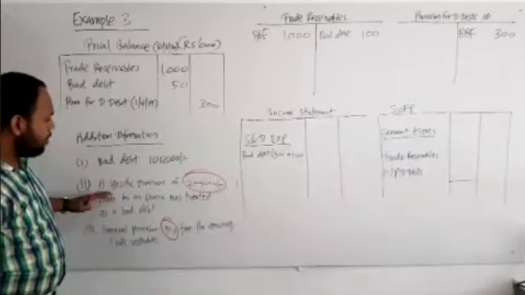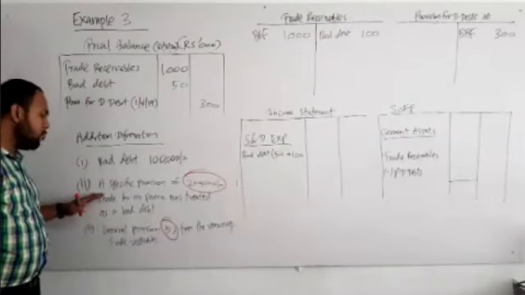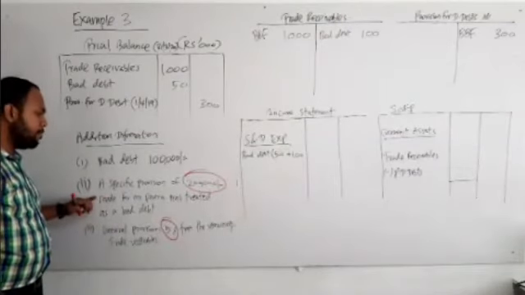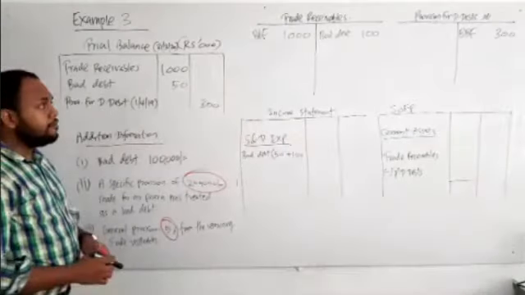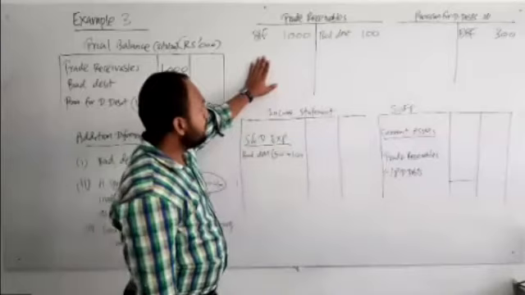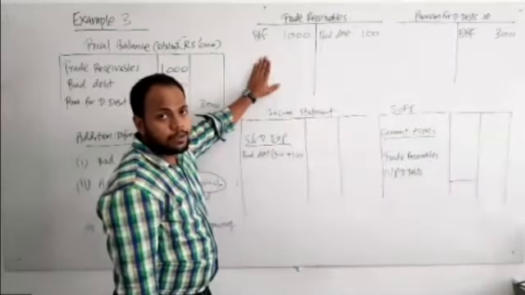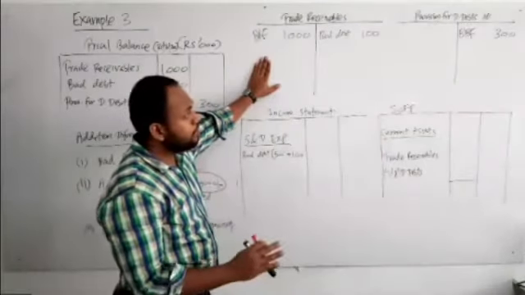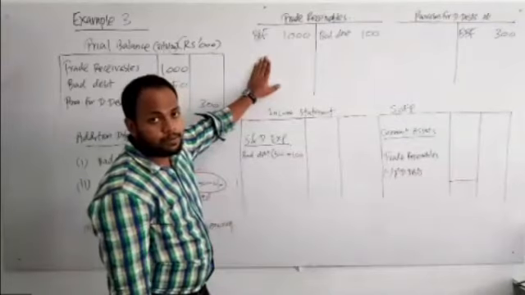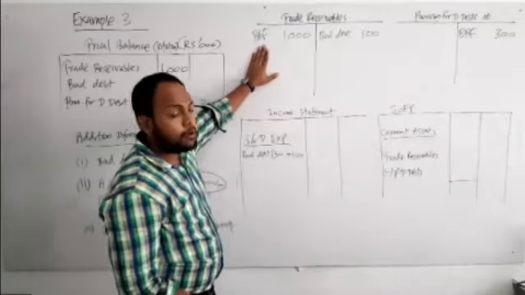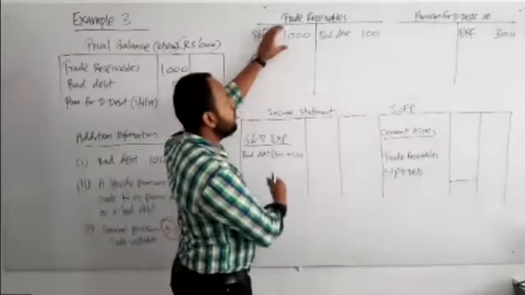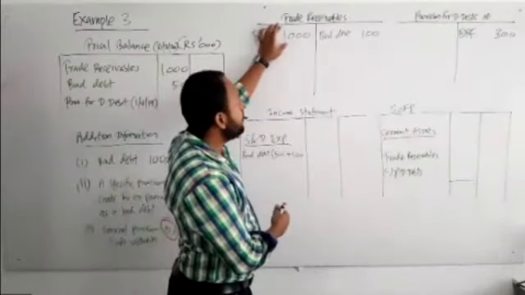Then the second one, a specific provision of 200,000 made for Mr. Pereira was treated as a bad debt. So now we have a debtor called Mr. Pereira. He was already treated as a provision. If he becomes bad debt, we have to remove him from the trade receivables because he is in the trade receivables account.